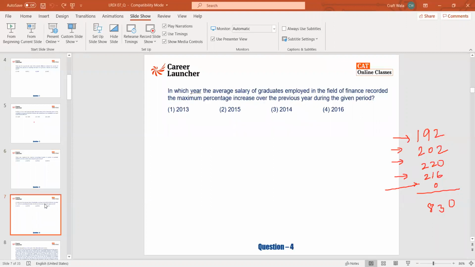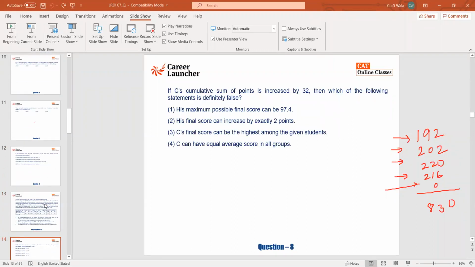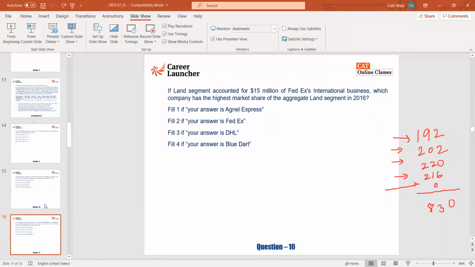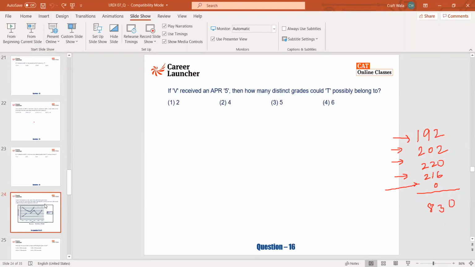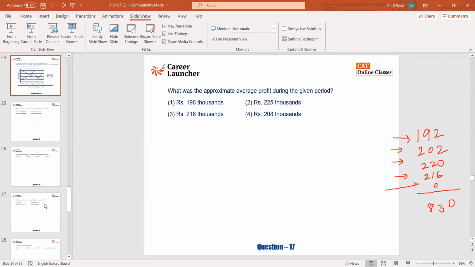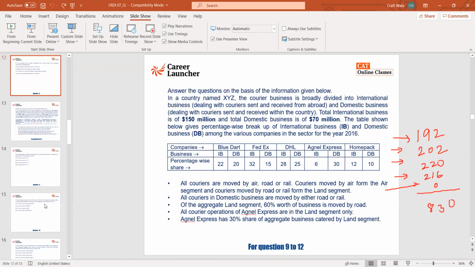Okay, once we are done with this set, let's try this set, question 9 to 12.